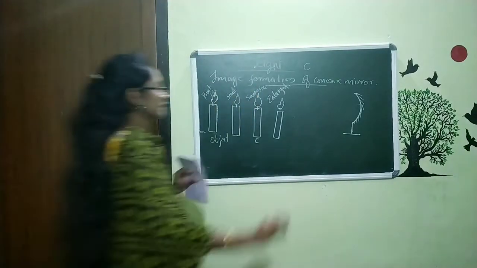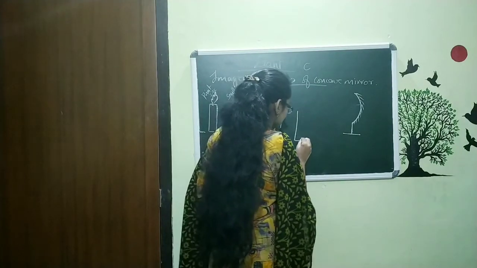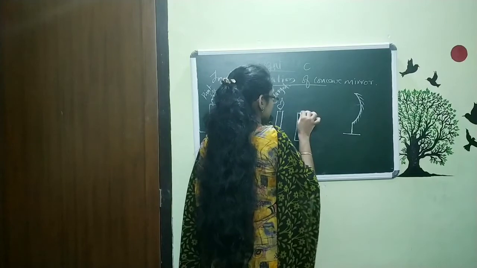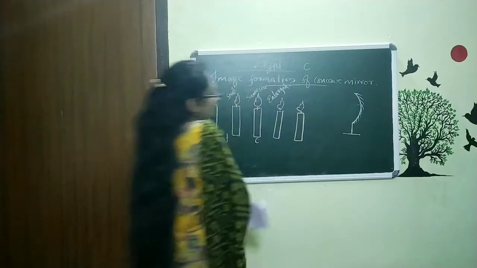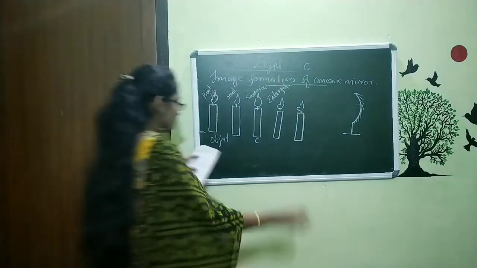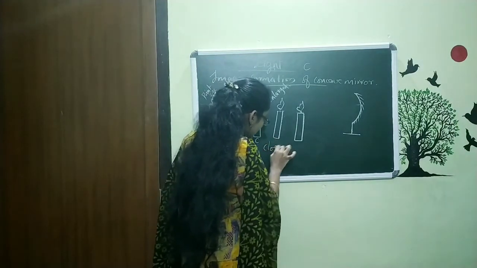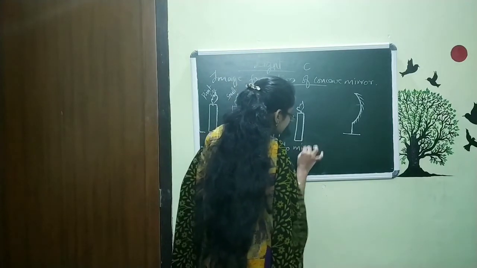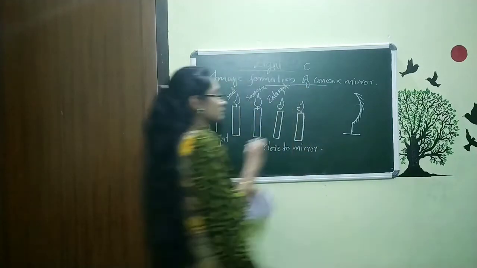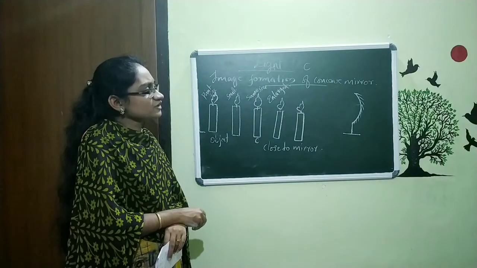Now again I am moving this closer to our mirror. We are almost at the end of our experiment. Now what happens? Now the case is close to the mirror. What is happening to our image?